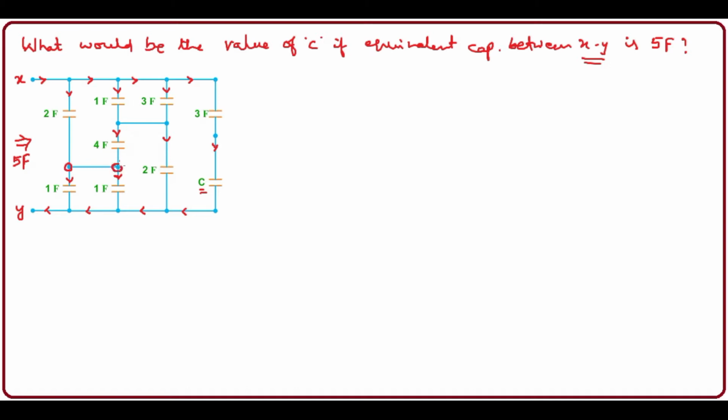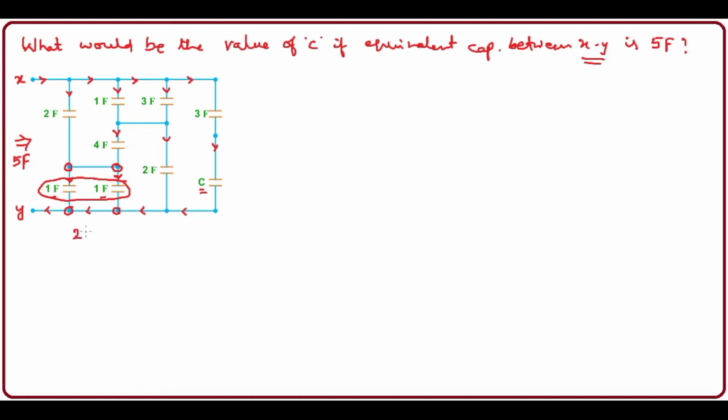If you can see this part, these two 1 Farad capacitors are connected at one end, and the second end is also connected, with no other element between them. So these two are in parallel, and in capacitors, if two are in parallel, we can simply add them.